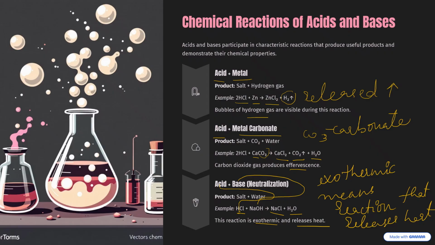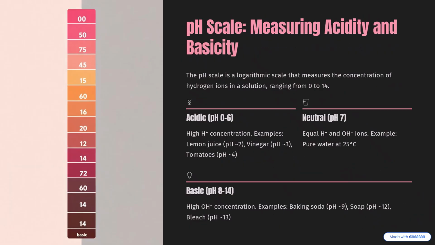Okay, next. The pH scale, measuring acidity and basicity. As I said, the pH scale is a logarithmic scale that measures the concentration of hydrogen ions in solution, ranging from 0 to 14. Hydrogen ions, H plus ions.